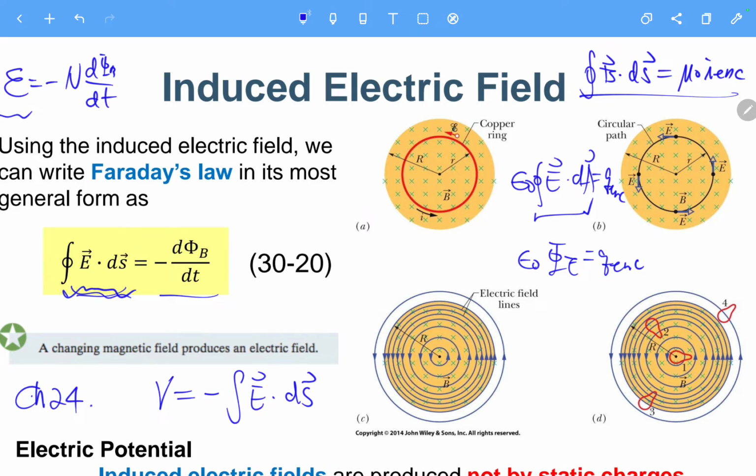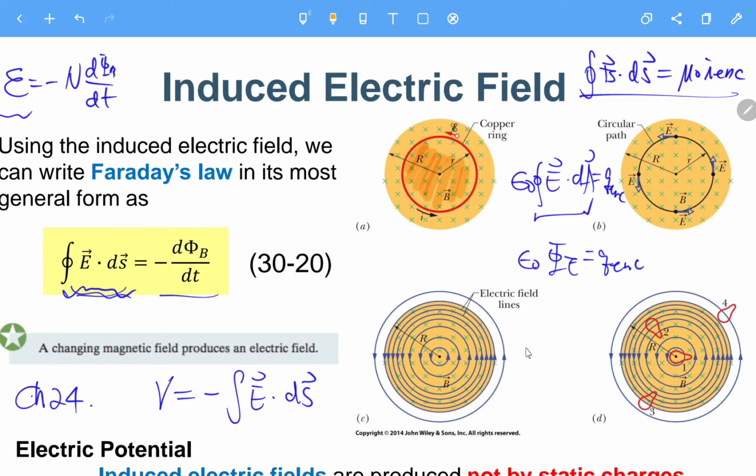For example, if we determine the path as this red one, then dΦ_B/dt only considers these parts. For different radii inside this area with the magnetic field, the whole circle counts toward the magnetic flux.